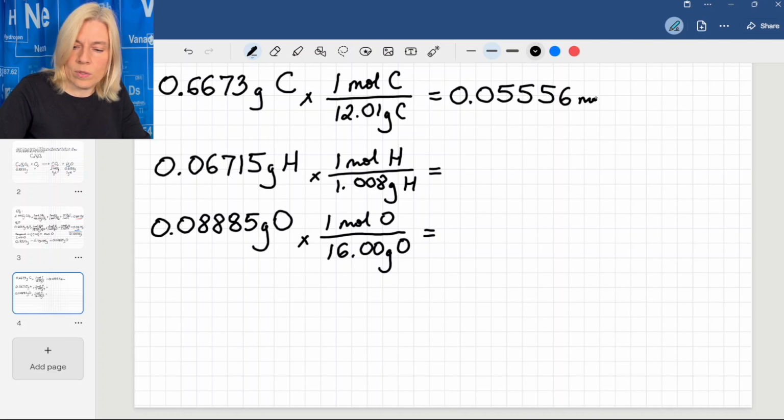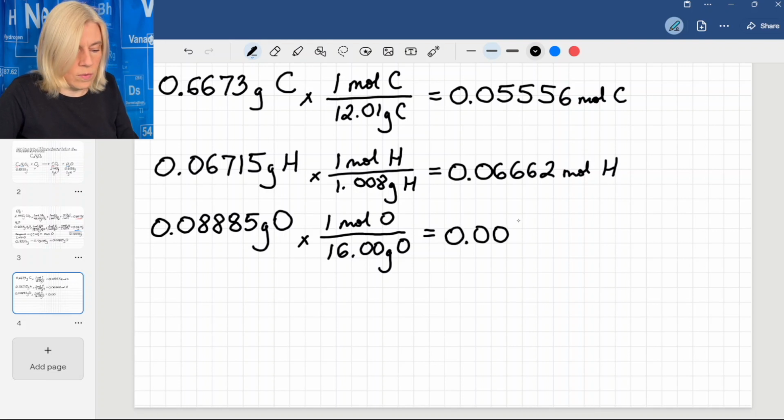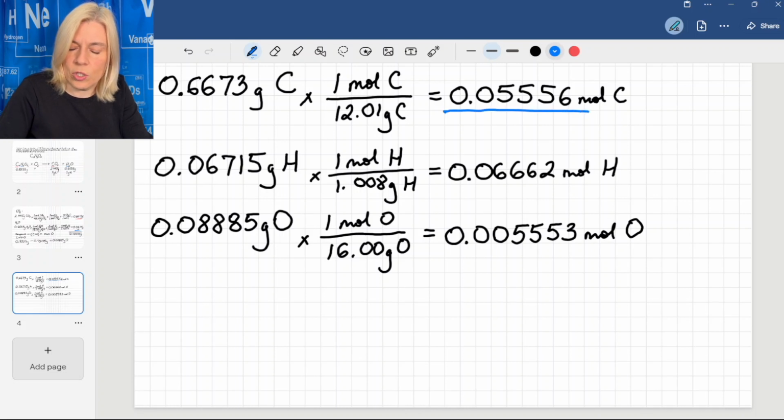And when we do these calculations, we're going to see that we will have 0.05556 moles of carbon. We're going to have 0.06662 moles of hydrogen, and we're going to have 0.0055553 moles of oxygen. Be careful with these zeros. There is a common mistake that students skip the zeros. Watch out, there is an extra zero in oxygen compared to carbon. The next step is we're going to divide by our smallest number, which is the moles of oxygen.